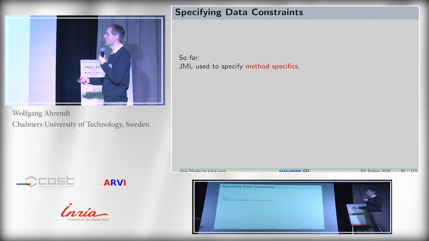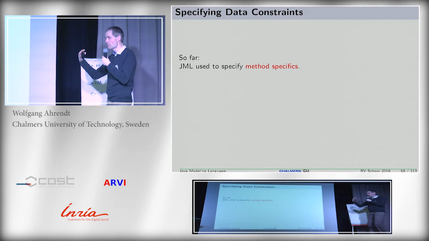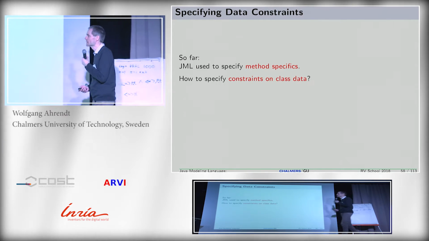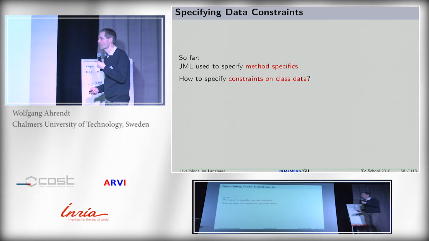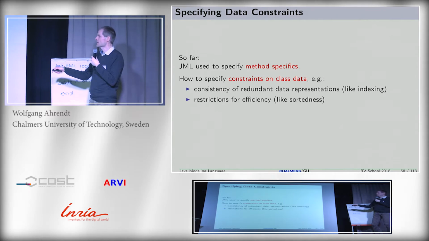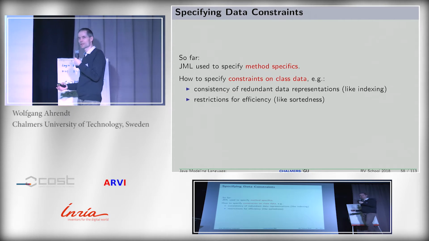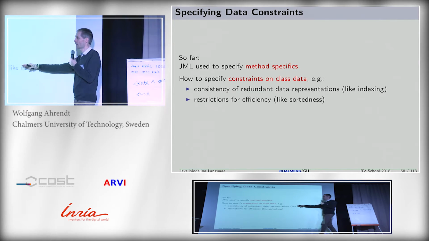Good. So far we have used JML to specify methods, but how do we specify constraints on class data? Like consistency of redundant data representations. This is a very important problem for verification.